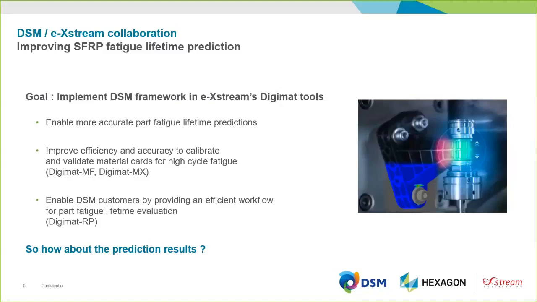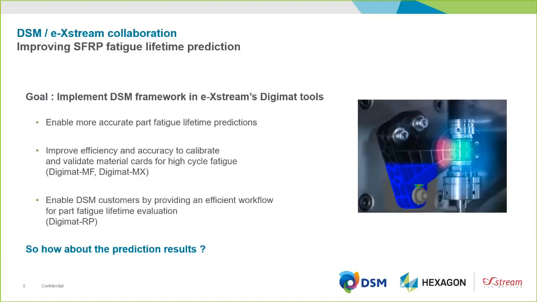So there is work done in the calibration, and features are implemented in Digimat-MX to enable that. And in the end, we also want to enable DSM customers by providing an efficient workflow for the part fatigue lifetime evaluations, and that can now be done in the fatigue life module in Digimat-RP.